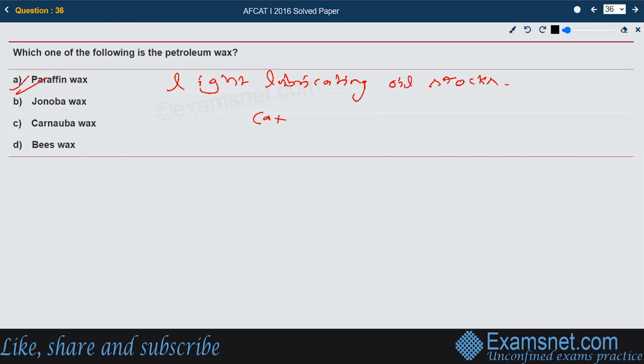It is used in candles, wax paper, polishes, and a lot of electrical insulators. It also assists in extracting perfumes from flowers. There are multiple uses of this thing. So the right answer is A, paraffin wax.